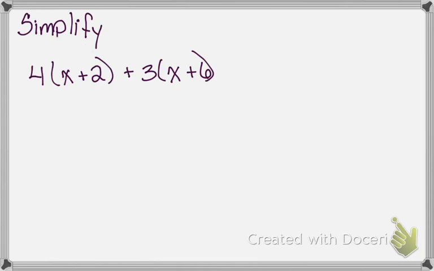Now we are moving into simplifying algebraic expressions. The difference between a numerical expression and an algebraic expression is that algebraic expressions have variables. So that's the difference between what we were doing and what we're doing now.